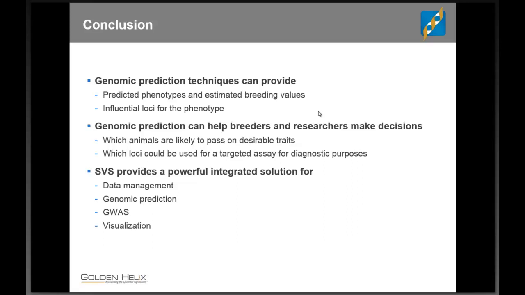Genomic prediction can also tell us about the influential loci for a particular trait, which can be used to develop targeted assays or diagnostic tests, and so on. And SVS gives us a unified, integrated solution for managing all of that data, running genomic predictions, doing association testing if needed, and doing visualization of all of those variables and all of that data within a single space.